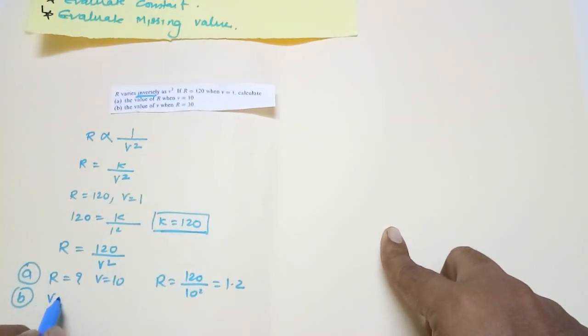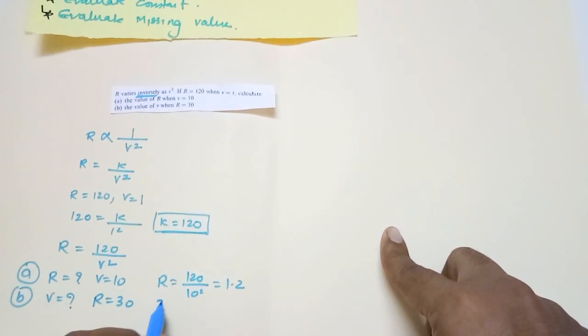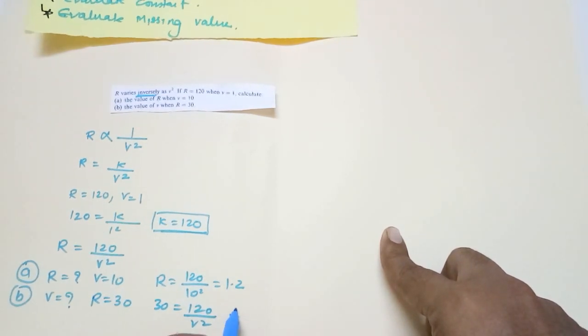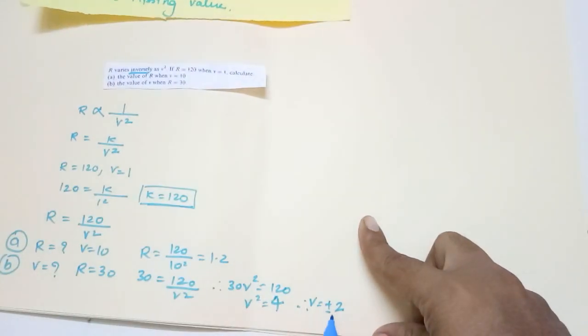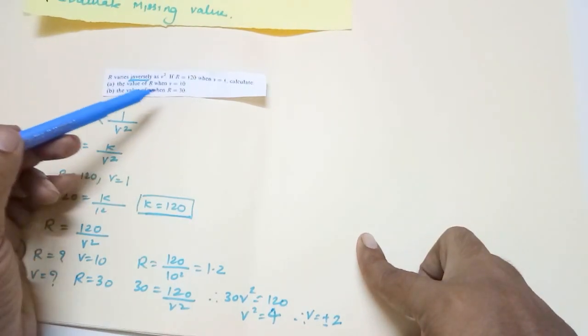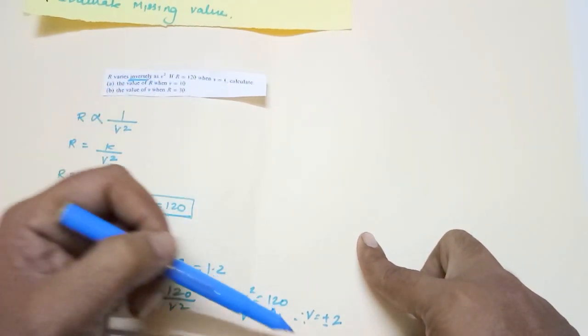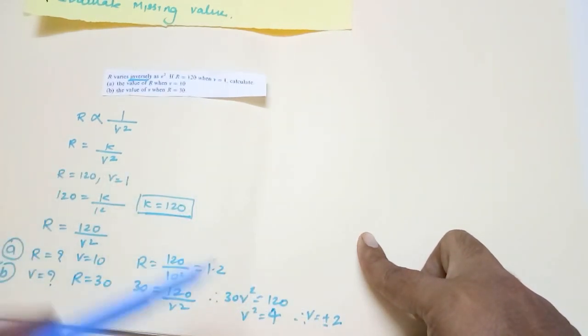So 30 equals 120 over v squared. If you cross multiply, you get 30 times v squared equals 120, which gives v squared equals 4. So v is plus or minus 2. Don't forget the plus or minus 2, because you're not sure whether v is positive or negative. It's fine to write plus or minus, because the square of 2 is 4 and the square of negative 2 is also 4.